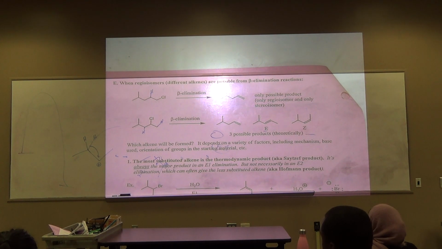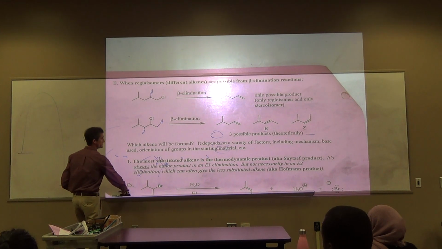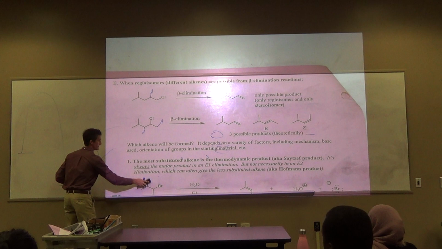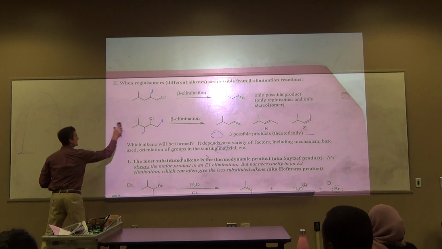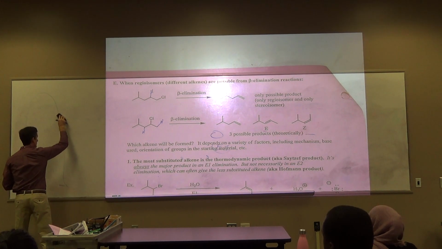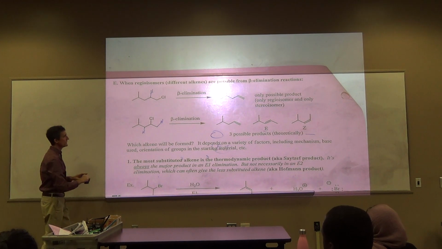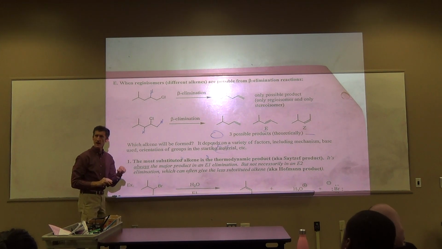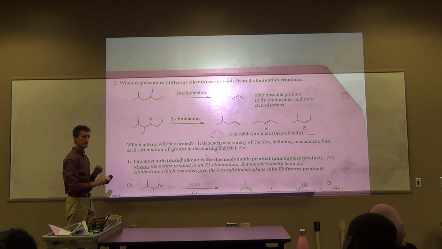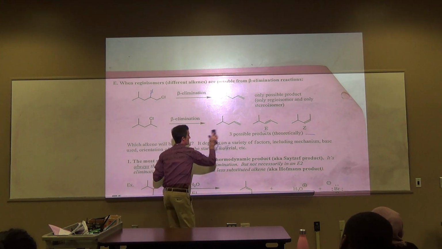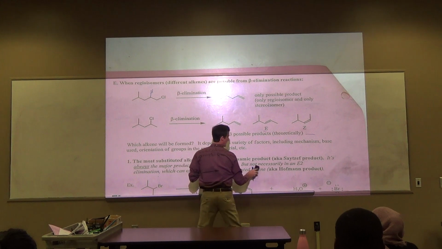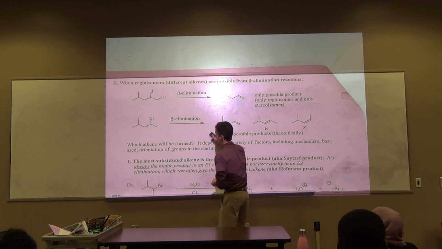And we have enough information to predict that. How are we going to predict? Does everybody understand how there would be 3 possible theoretical products for us?